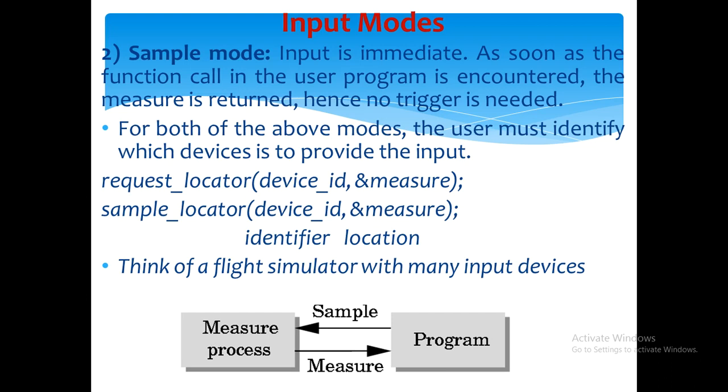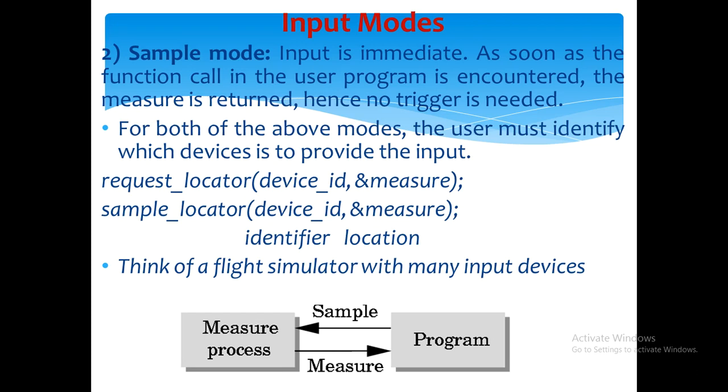Then sample mode. In sample mode, input is immediate. As soon as the function call in the user program is encountered, the measure is returned. Hence, no trigger is needed here. There is no waiting; it will not wait for an event to occur.